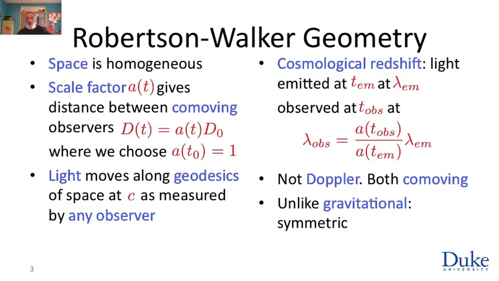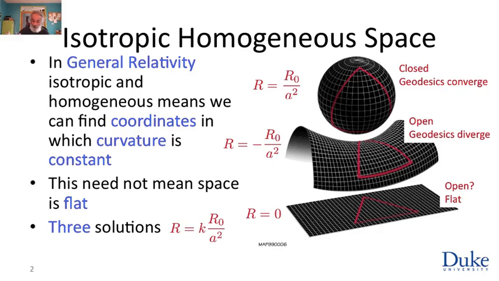So the entire history, all properties of this universe are given by essentially two numbers: R0, the curvature today, and the function a of t, which describes its evolution. Now, in all of these universes, remember, I drew a picture of space, and you can draw straight lines on space, but what moves along these straightest lines in space?